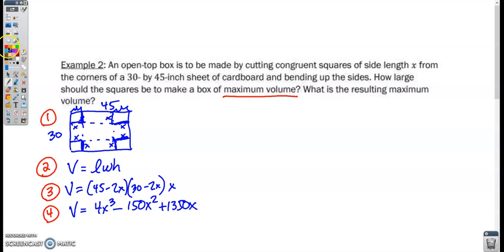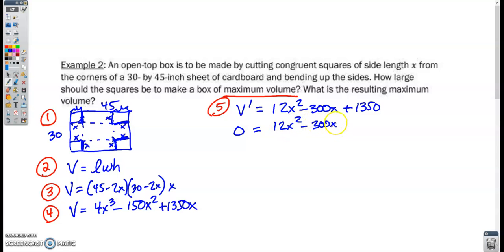So I'm going to go ahead and move on to step 5, finding my critical values. And so I take the derivative of this function. There's my derivative. And I'm going to solve this for x.